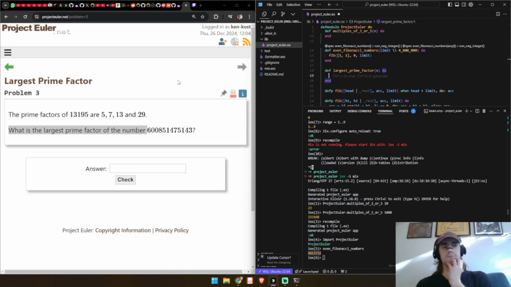So how do we determine prime factors in maths? A prime is a number that is only divisible by itself and 1. And each number is either prime or consists of multiples of primes, right?